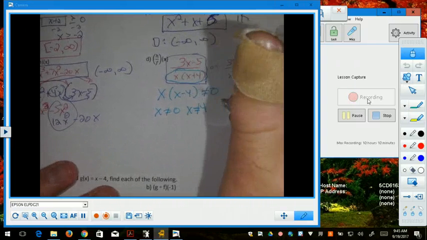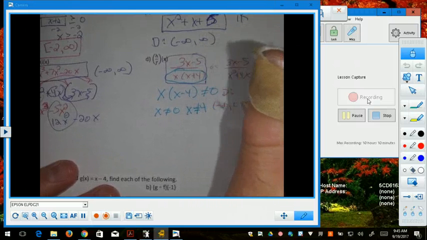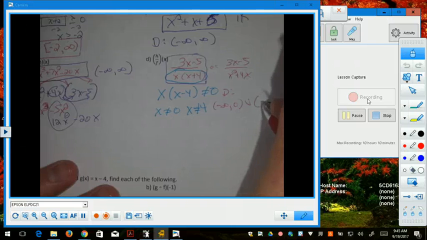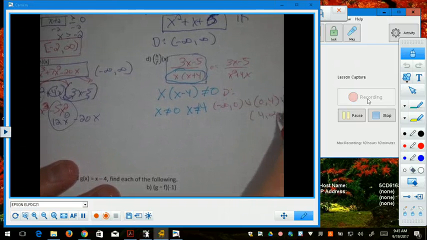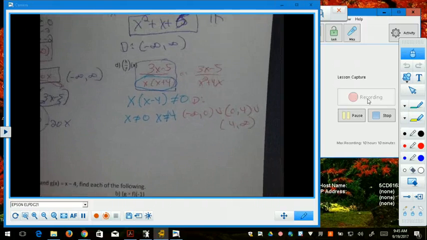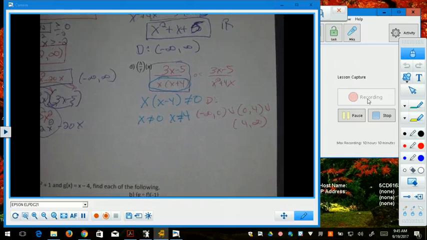So my final answer for the domain is negative infinity to 0, joined with 0 to 4, joined with 4 to infinity. There are actually 3 intervals that I have to write down instead of just x doesn't equal 0 and x doesn't equal 4.